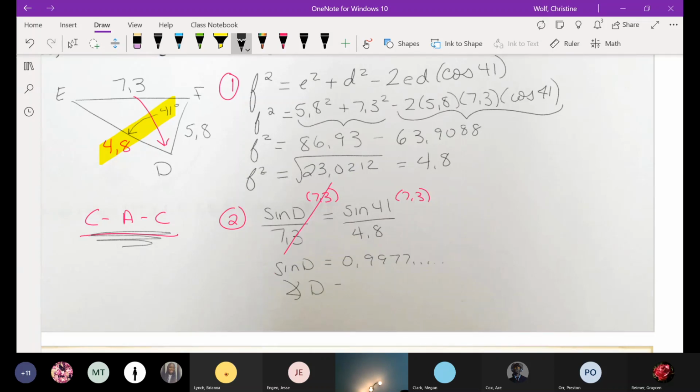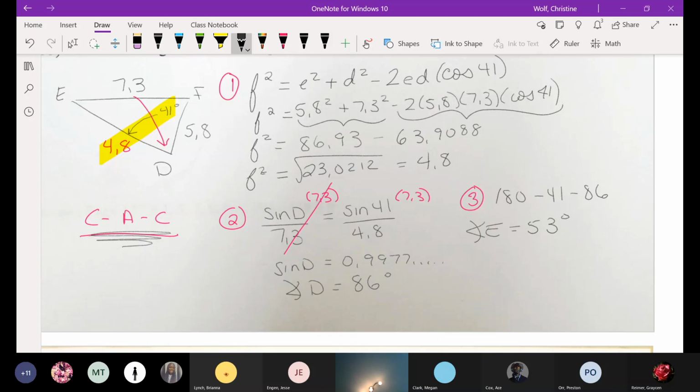Mais pour trouver angle D, je fais shift sine now et je reçois 86 degrés. OK? Now, pour trouver le troisième angle, j'ai 3 angles connus. So 180, j'ai 2 angles. 180 moins 41 moins 86. Et c'est 53 degrés. And that's angle E.